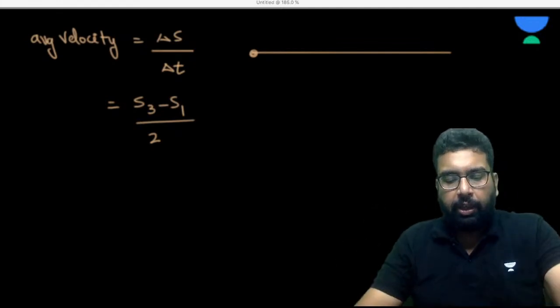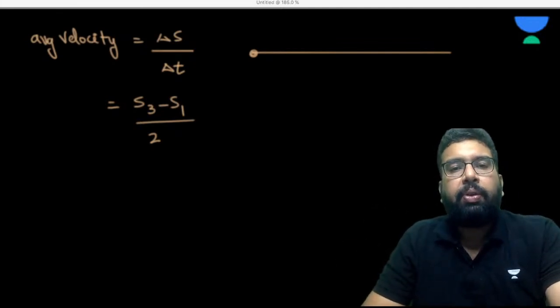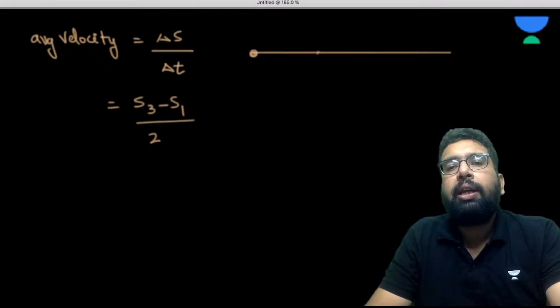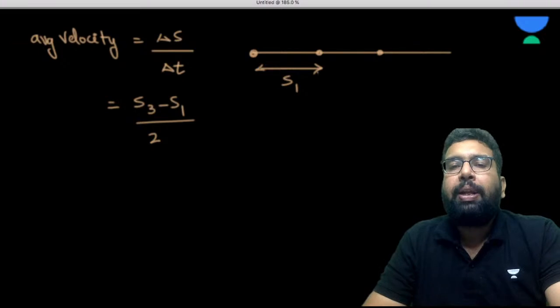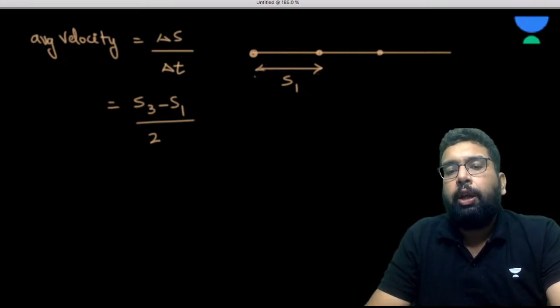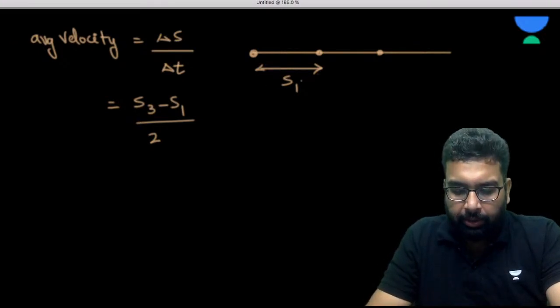So let's suppose you started from some reference time, and you have taken that time to be 0. In 1 second, you have made some displacement, so let's suppose this is S1. After 2 seconds, this is your position. Displacement shows your position.